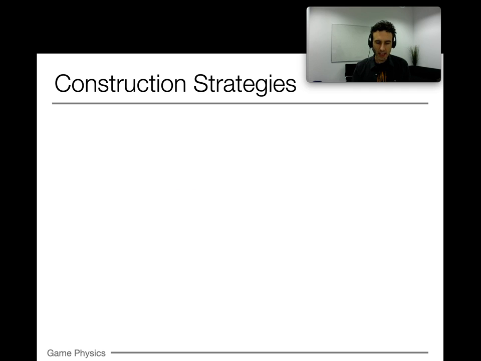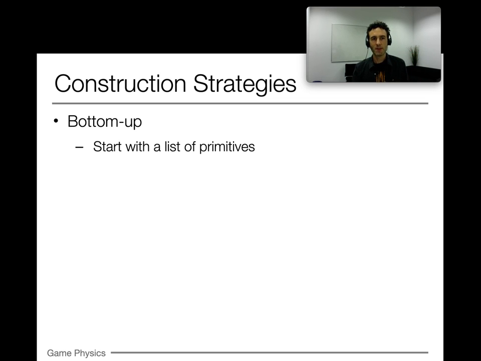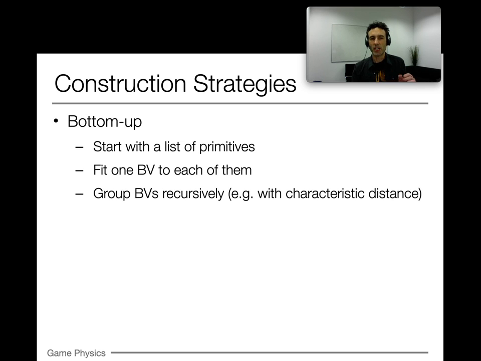Let me outline a few different strategies how we can go. What we just described was a top-down approach. You can also go the other way. You can go from the primitive level upwards. Then we take a whole collection of primitives. In the simplest case, really fit a bounding volume to each of them. It's typically a good starting point for next steps, or directly start with them and then recursively group them.